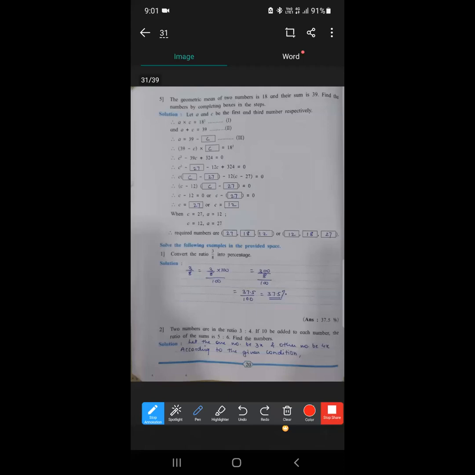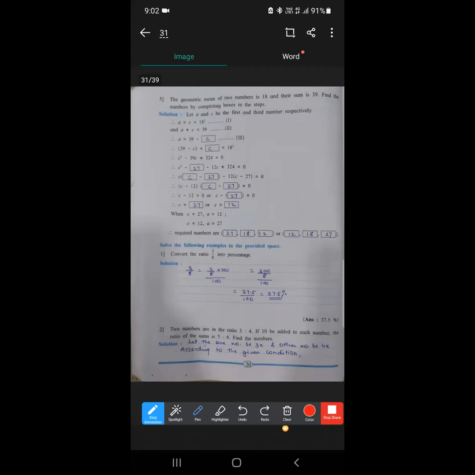So here the geometric mean of two numbers is 18. We don't know the two numbers. In ratio and proportion, normally we denote the numbers as a, b, c, d. We take the variables as a, b, c, d.